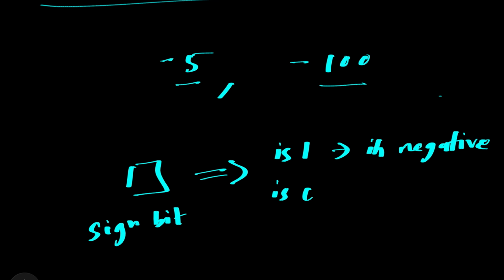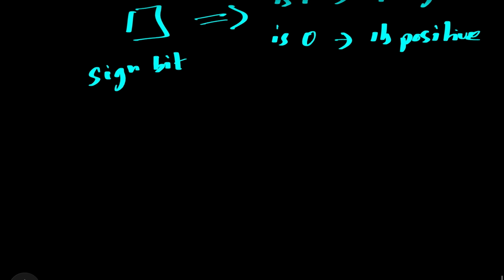If it's 0, then it's positive. So the same example, -2. How is it usually represented in binary? Consider a 2-bit representation. It's 1 0. Now there will be one more bit, right? One more bit along with the equivalent binary representation of the number.